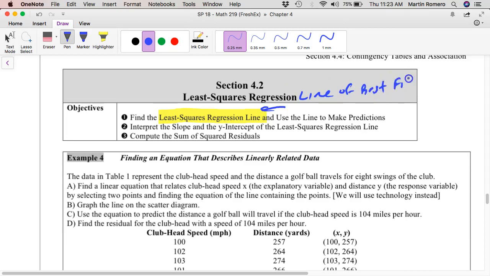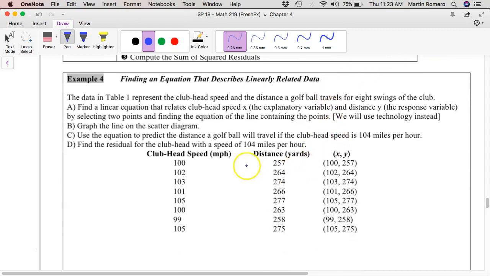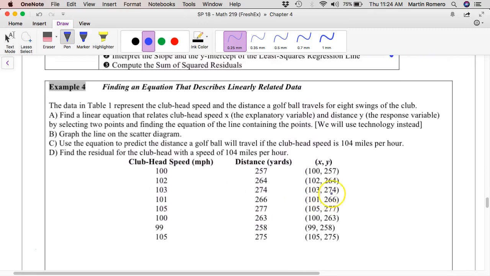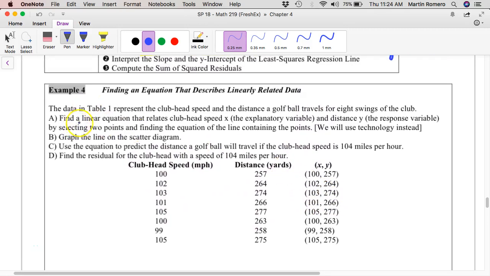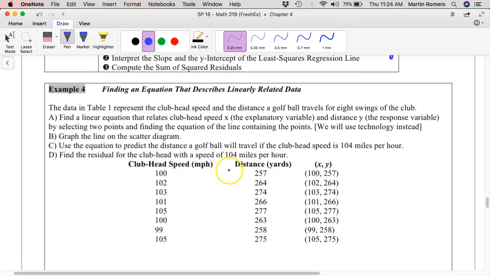Another term you're going to hear me say is the regression equation, where I'm not going to say least squares. That's what we're doing here. So here's the situation. Here's that same data that we had before. Instructions: find a linear equation that relates these two variables.